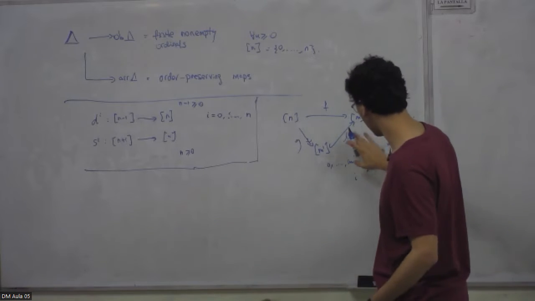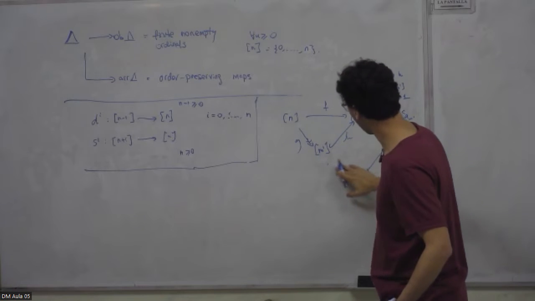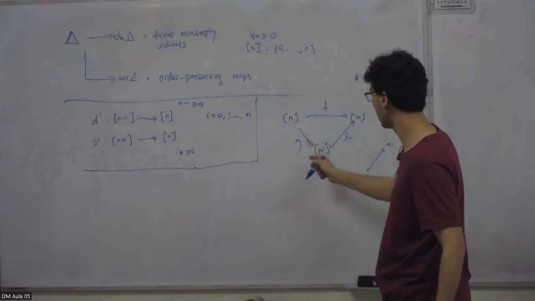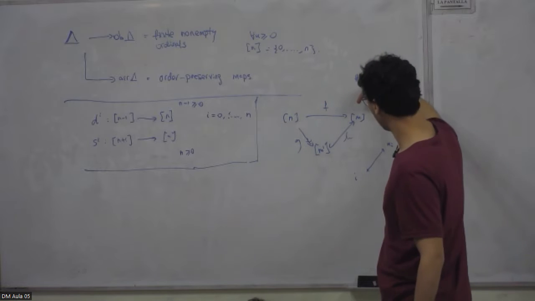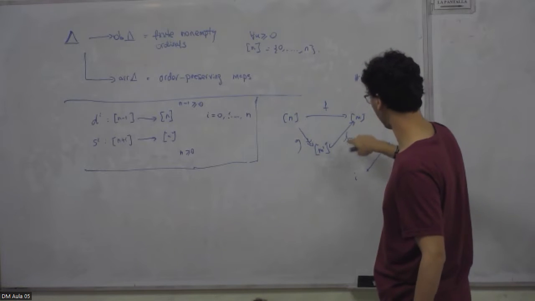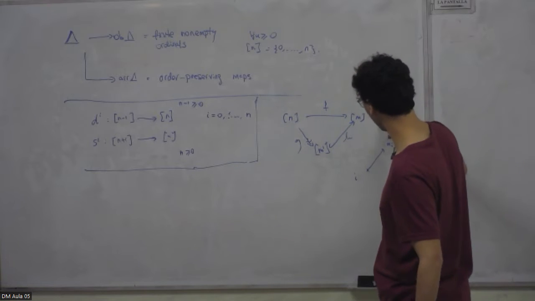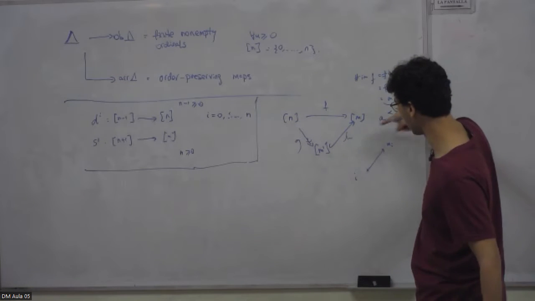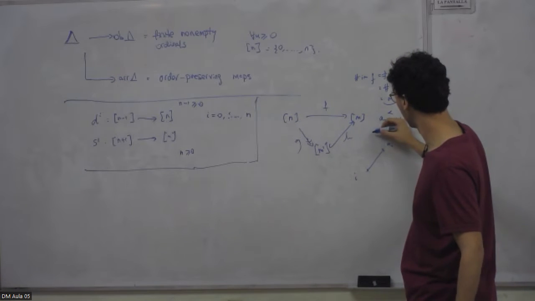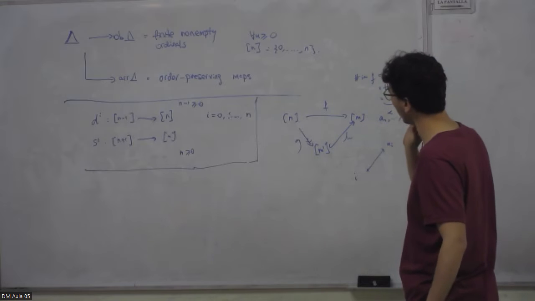So h is also completely determined, and g must be composing f co-restricted to its image with the inverse of h co-restricted to its image, which goes from the image sets to n prime. And since it is an inverse of an order preserving map, it is also order preserving.